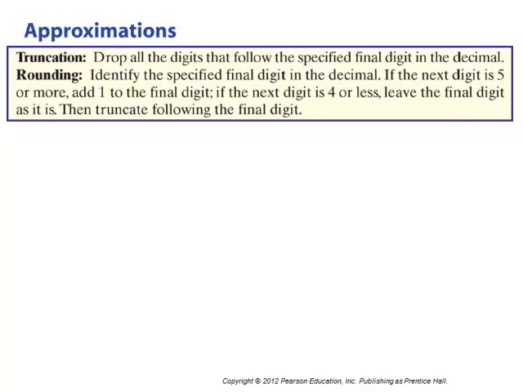Now, you could either truncate it, which means that you actually are going to chop off all the decimal digits after so many places. Otherwise, we would round. And we're talking about the normal rules for rounding. You look to the right of the desired place that you're rounding to. And if that number is 5 or higher, then you'll round up. If it's 4 or less, then you'll keep it as it is.